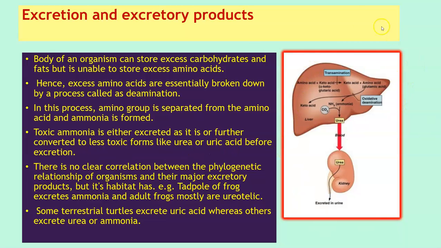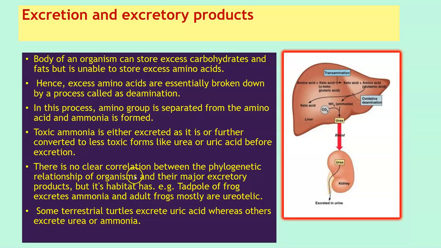Have a look at this image here. You can see the process of deamination taking place, where the amino group is removed from the amino acids and converted into ammonia, and this ammonia is converted into urea, which is then sent to the kidneys for excretion.